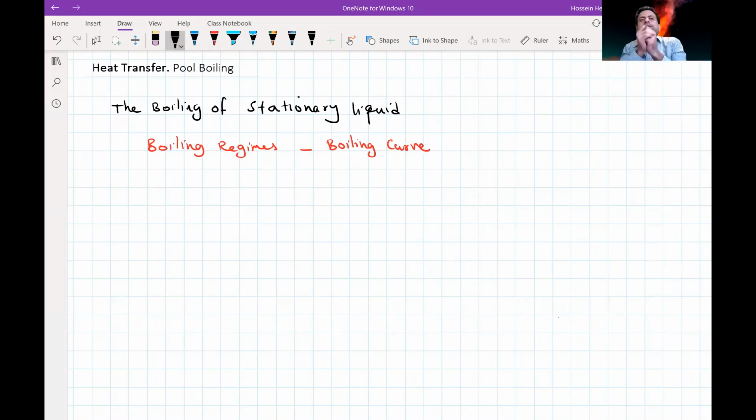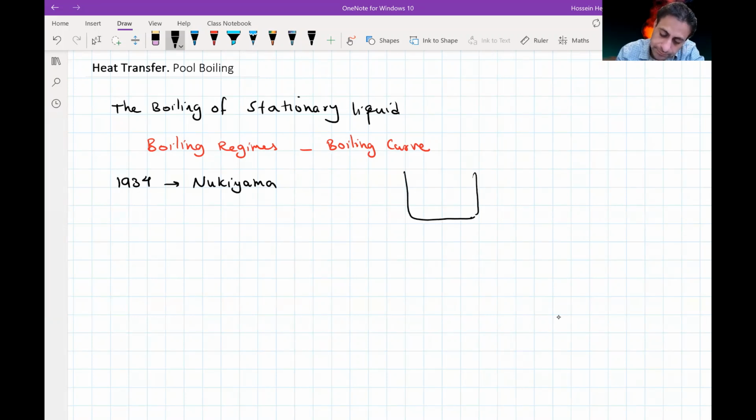In one of the early works in 1934, Nukiyama was doing experiments. He had water here, and he was running a wire here that he could control, an electrical heater, I would say.